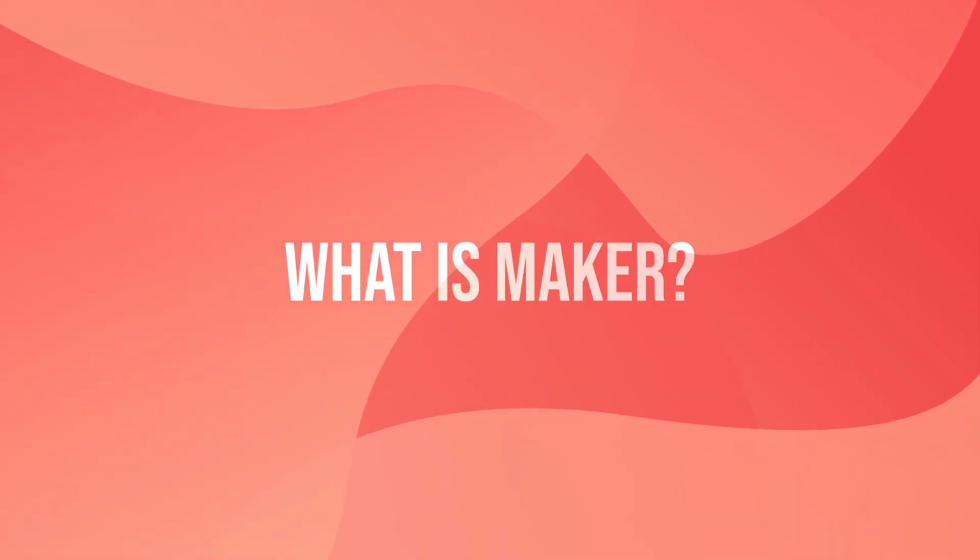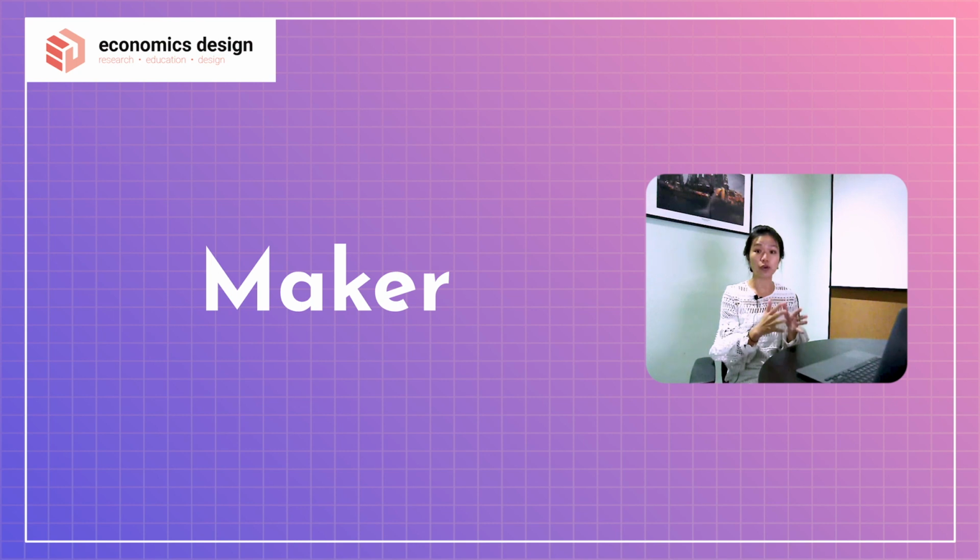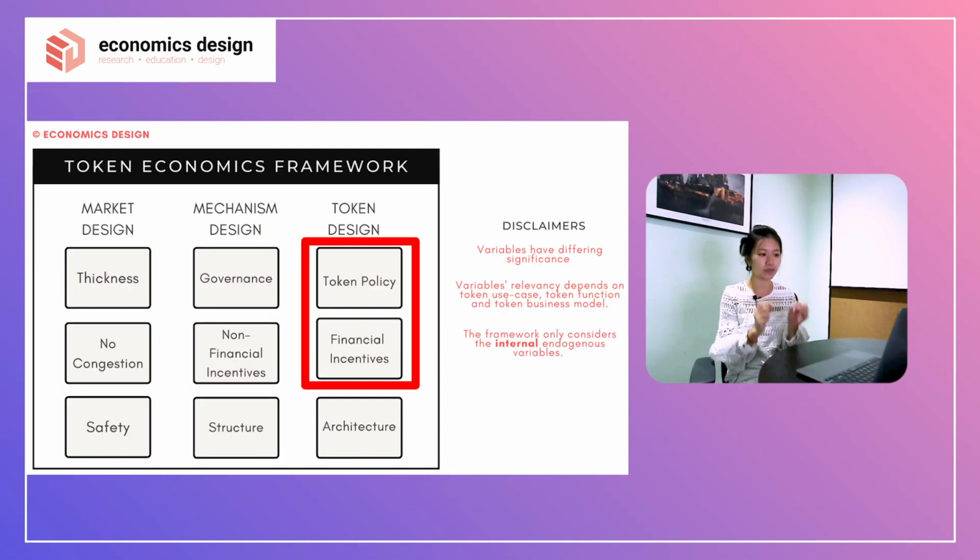What is Maker? In the context of this video, we're going to focus on the token economics framework, specifically the token design pillar, which is the third pillar. In the third pillar, we're going to focus on 2 different categories, which are token policy as well as financial incentives. Basically, DAI is an on-chain stablecoin. It's soft pegged to $1.